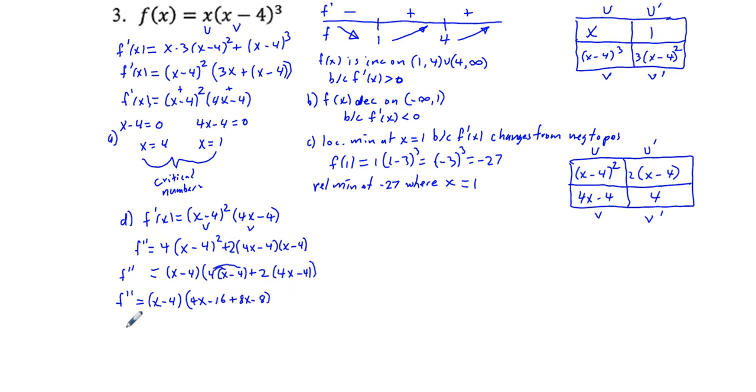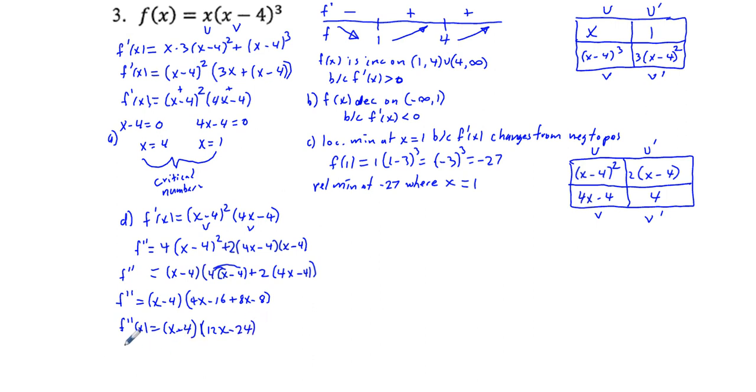So we're going to get f double prime of x is equal to quantity x minus 4 times, just simplifying here, 12x, and then negative 16 minus 8 is minus 24.